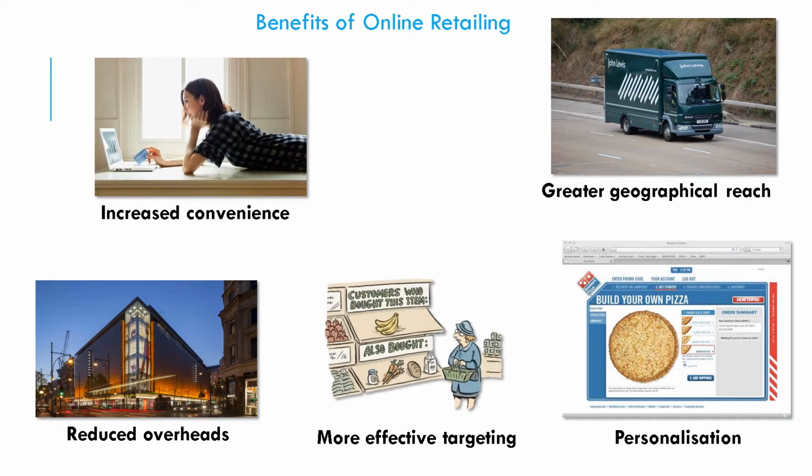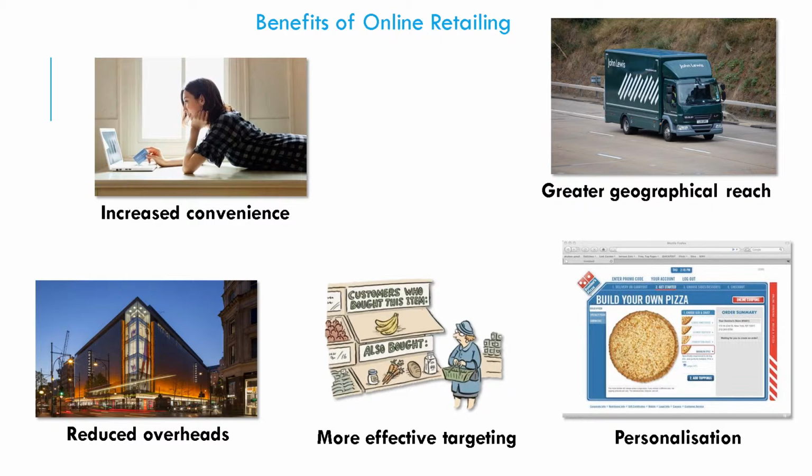And in addition to that, because not only have they got data about what consumers seem to want on an individualized level, businesses can also offer consumers to personalize their shopping experience somewhat. For instance, as you can see here at Domino's, there's the ability to personalize your own pizza, and that also would be very efficient for the business because they're not having to handle that personalization process themselves.